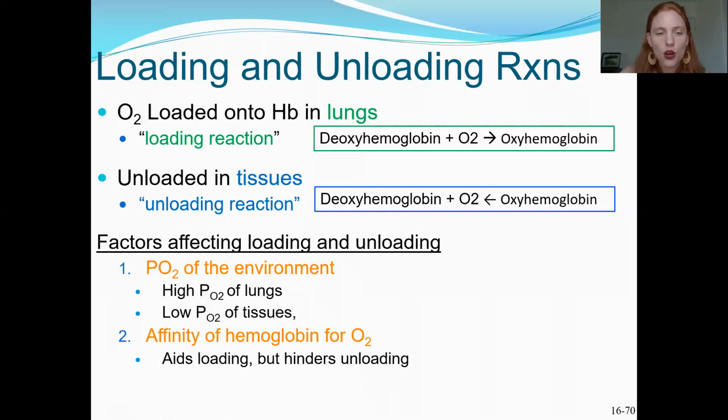Okay, so remember that we've got 2 competing factors here. We have the partial pressure, which is going to drive diffusion away from it, so increase the amount of unloading. Then we have the affinity for the oxygen, which is wanting to hold on to it. So they're kind of opposing each other.